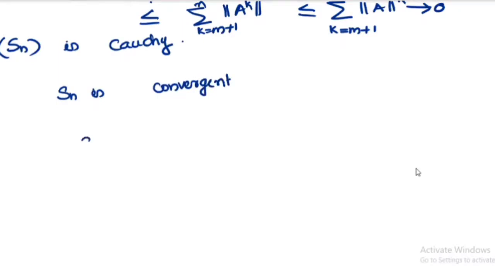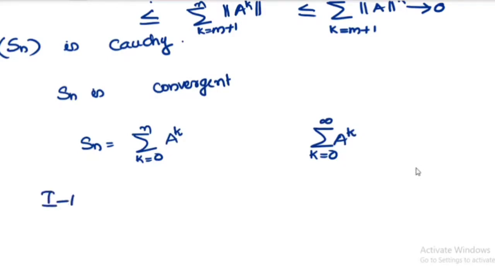Now, actually, what is our Sn? Sn is the sum over k equal to 0 to n of A raised to k. So the sequence of nth terms is convergent. Therefore, the series sum over k equal to 0 to infinity of A raised to k is also convergent. Now, what is I minus A into Sn?